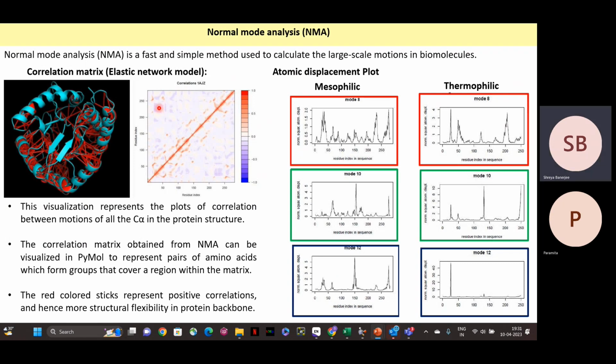But if you look at these, any residue which falls on this red line means that those residues are in the same position in the initial structure as well as in the structure after the simulations. But if you look at the spots around, there is a blue spot here. So over here, a residue around 240 is corresponding with a residue around, say, 30. So the residue numbers are different, but they are correlating.